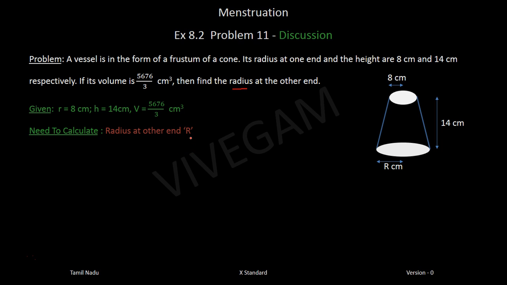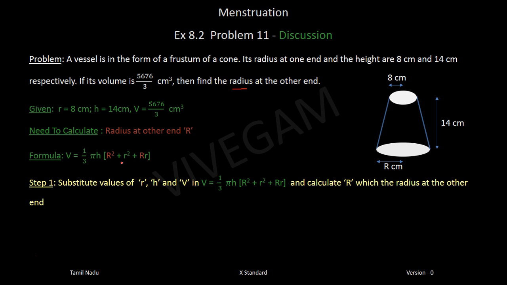So let's write the formula. Volume of a frustum is V equal to 1/3 pi h into capital R square plus small r square plus capital R into small r. If you look at this equation, R is the only variable which is not known. So you substitute V, the height of 14 centimeter and small r of 8 centimeter, and we should be able to calculate the value of R. Let me summarize the steps.